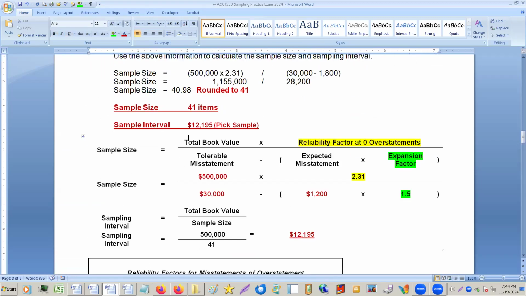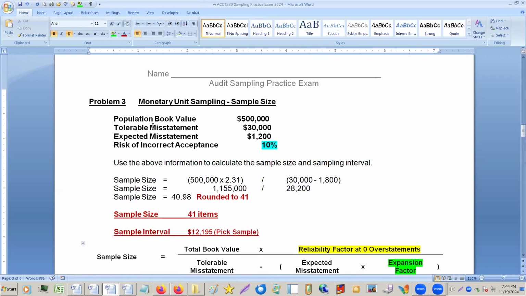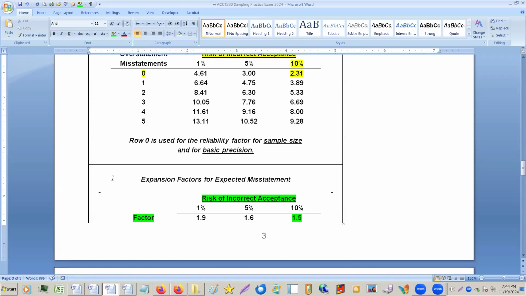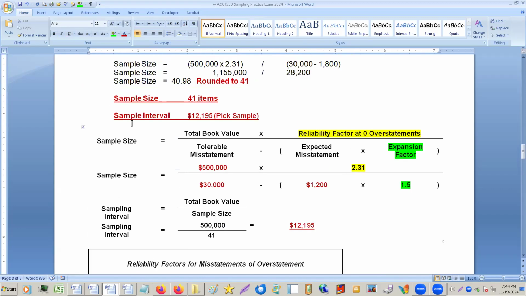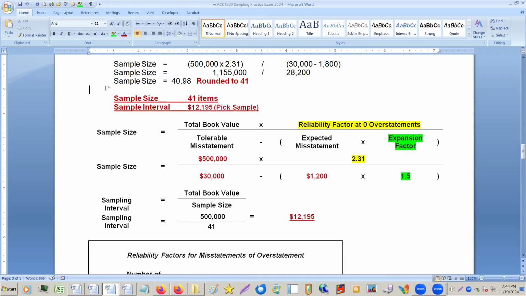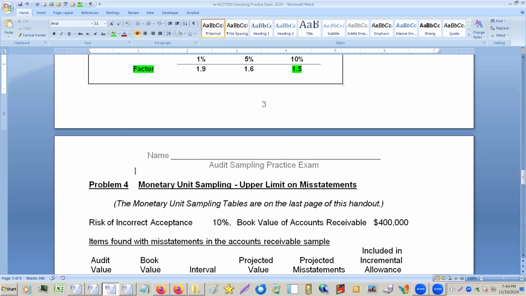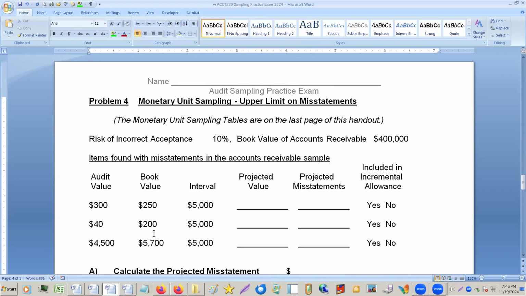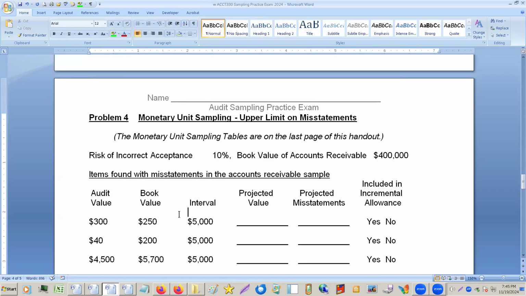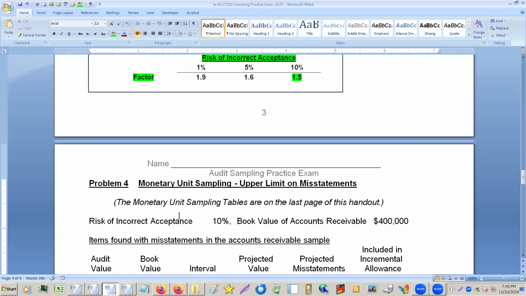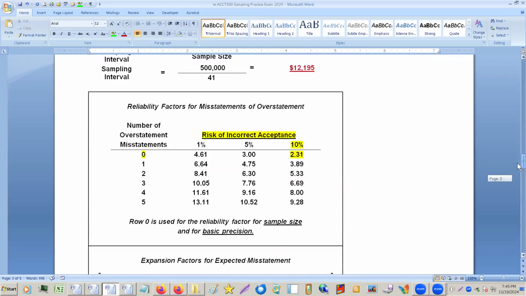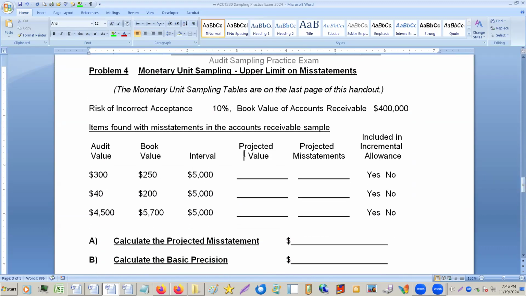Okay. Now for the horrible, terrible, ugly one. All right, so let's go through here.